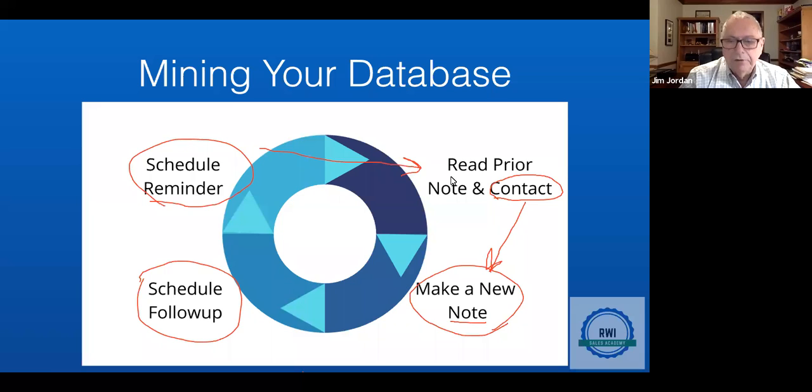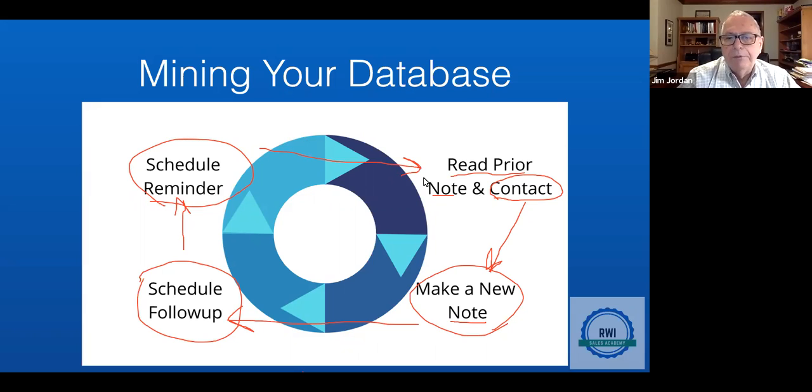So you read the prior note before you make contact. You're going to read the prior note, make contact with them, and then make a new note about what happened on that contact. You're going to schedule a follow-up, and you're going to schedule a reminder so that you don't forget to do that follow-up.